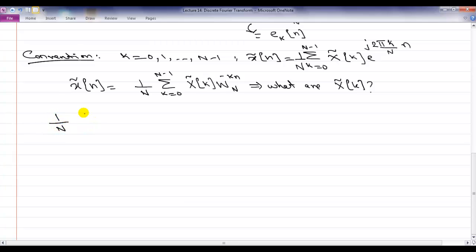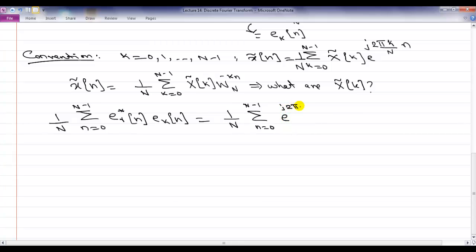It is not difficult to see that if I multiply two harmonics and sum them up over one period, so if I do e r conjugate of n times ekn, which is 1 over n summation n equal to 0 to n minus 1 e to the j 2 pi r over n times n conjugate and e to the j 2 pi k over n times n.